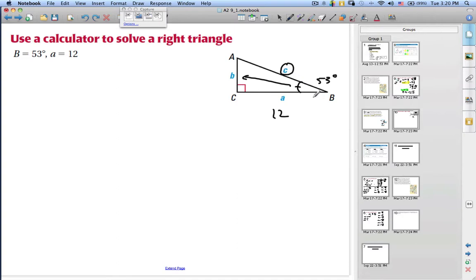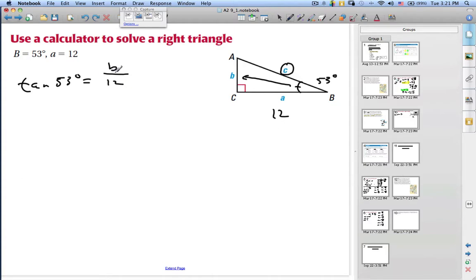If I want to start finding parts, they've given me the side adjacent, so I could find the side opposite by doing tangent. I know that tangent of 53 degrees would be the side opposite, that would be B, over the side adjacent, which is 12.